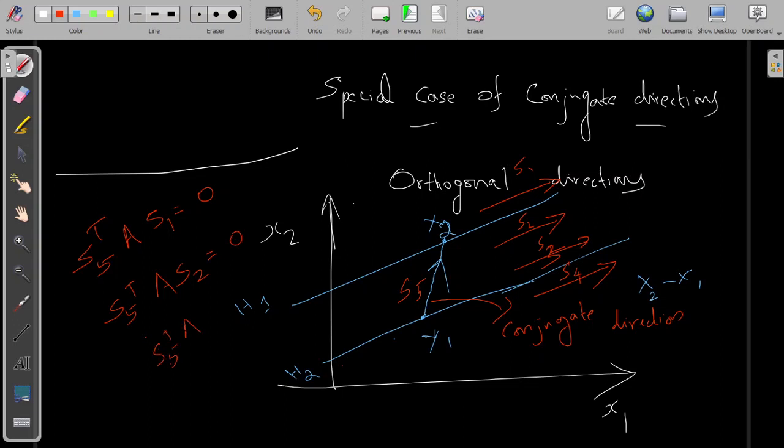S5 transpose into A, S4 will be equal to 0. So this is the theorem.